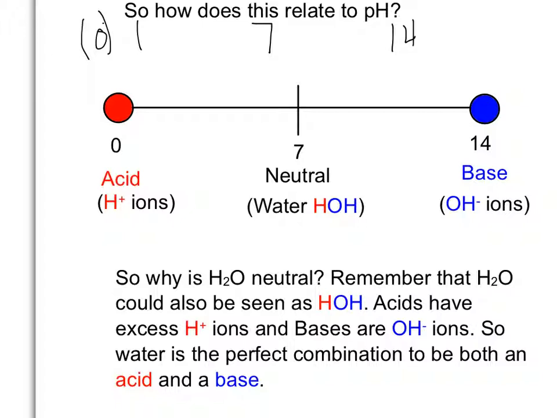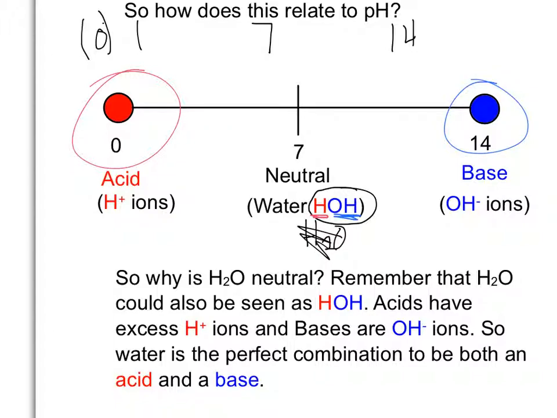The reason that water is neutral is because if you think about that H2O that we often write water as, that can be rewritten as HOH. And if you'll notice, this has the H of an acid starting, and it also has the OH of a base at its ending. So it is the perfect combination of an acid and of a base. And when you meet those in the middle, you are going to get your neutral water.